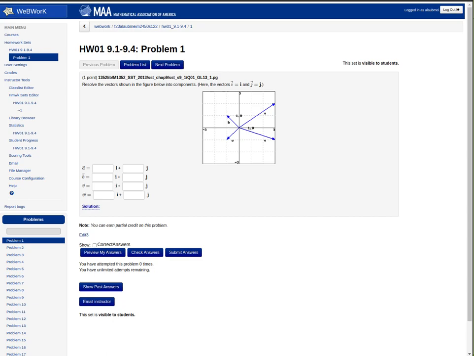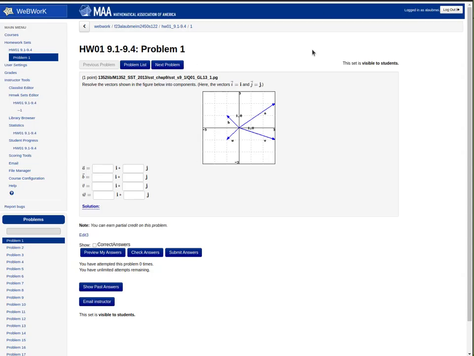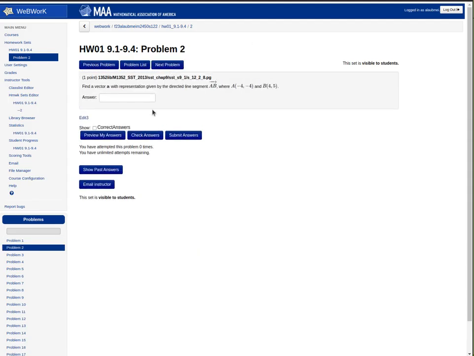If you just go down the line of the worksheet, after you read the first paragraph, you're going to learn how to write a vector from a given point, and then your first web work is to find a point and then write the corresponding vector.